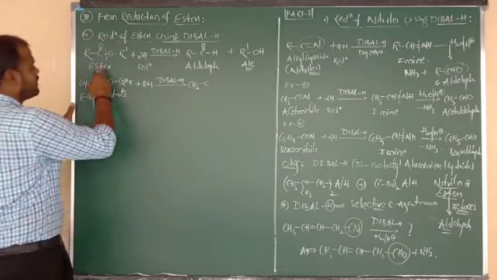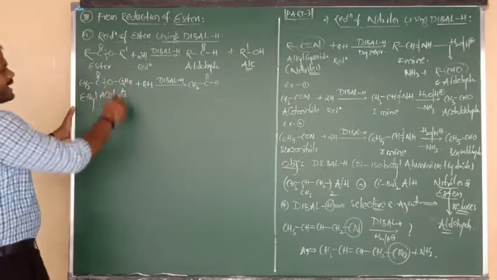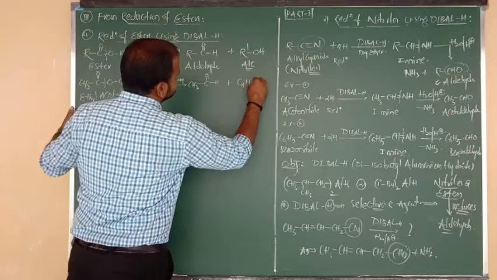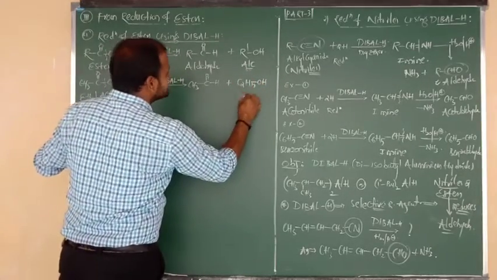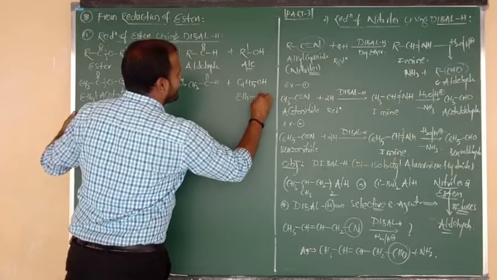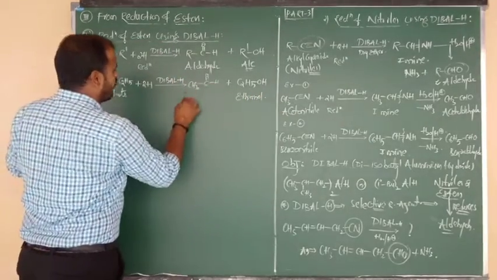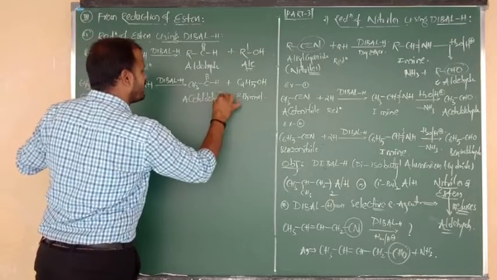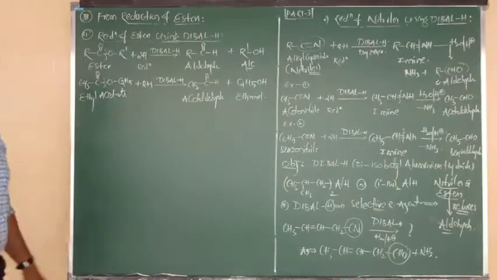CH3 bonded to C double bond O, upon reduction, addition of hydrogen. The other part C2H5O also undergoes reduction, so we can write C2H5OH. So you are getting alcohol: this is ethyl alcohol, also called ethanol. And this is CH3CHO. What is the name of this compound? Acetaldehyde, the common name, and the IUPAC name is ethanal.